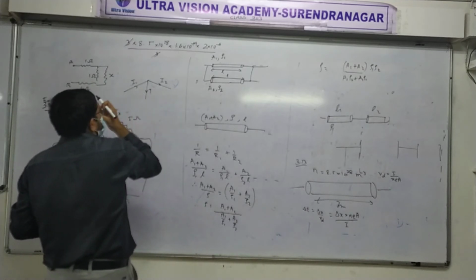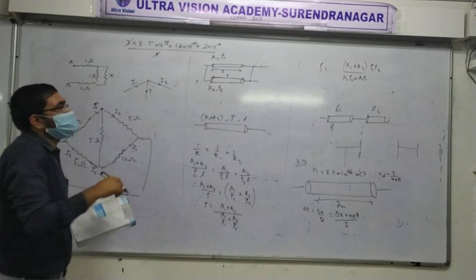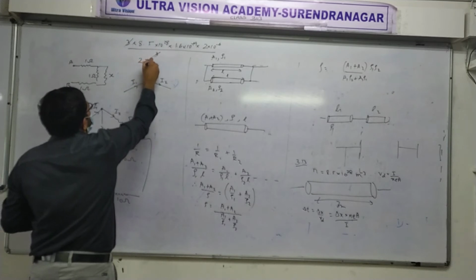Okay. 8.5 into 16, 136, into 2, 272. You got it?